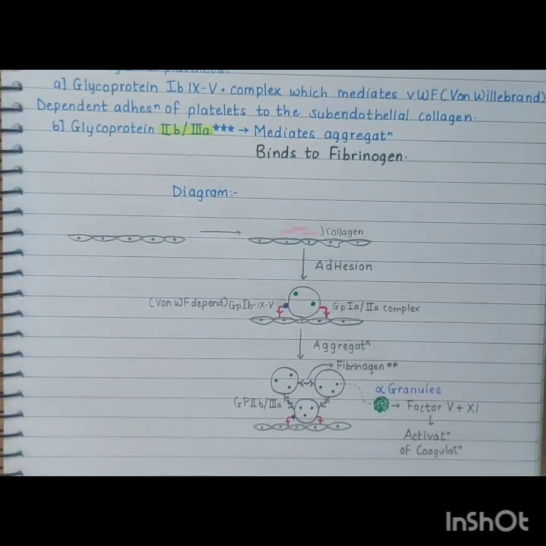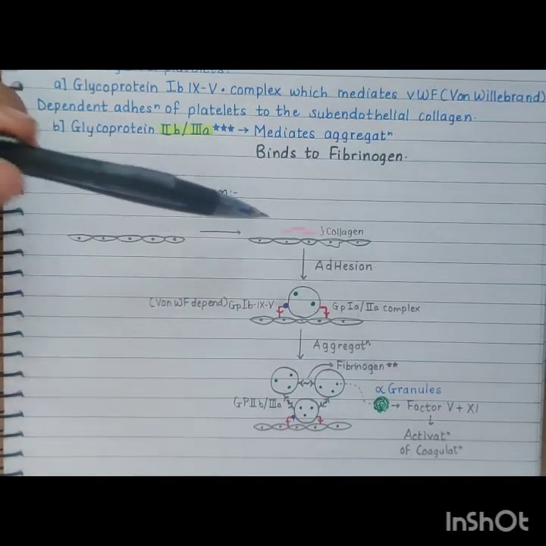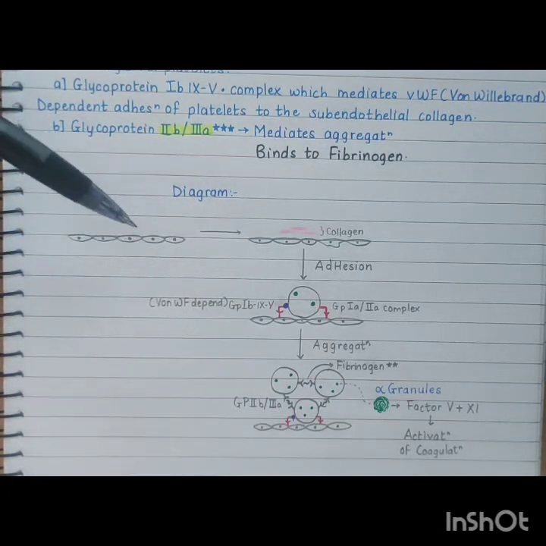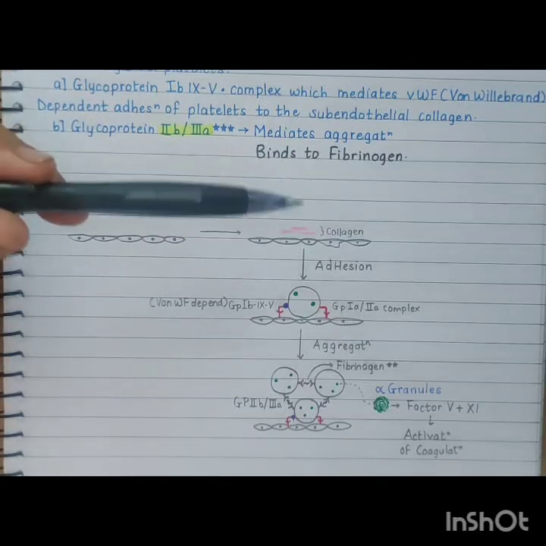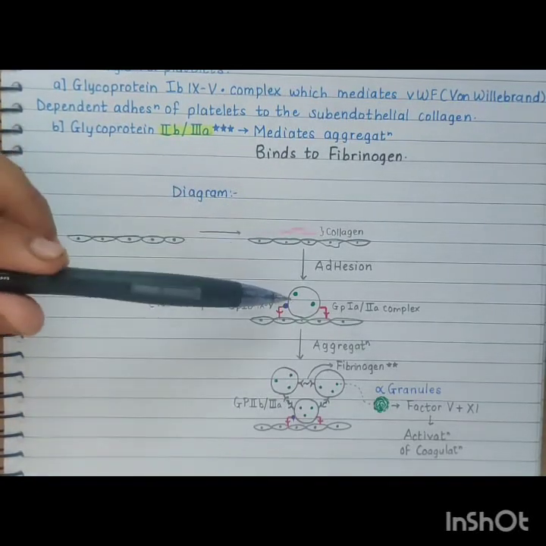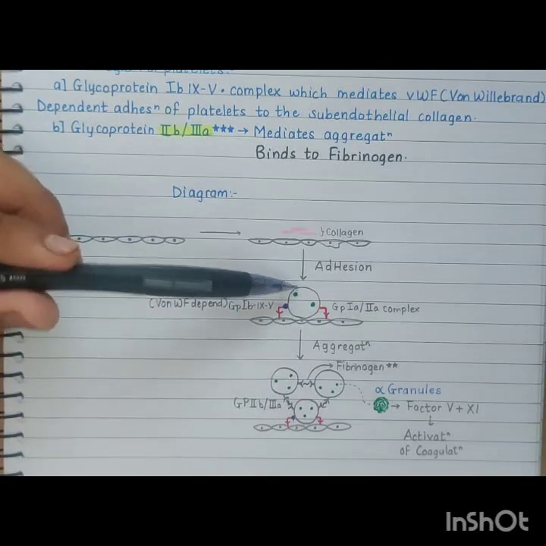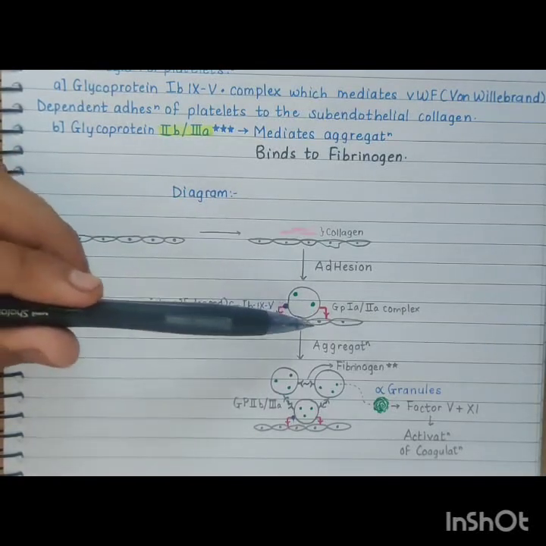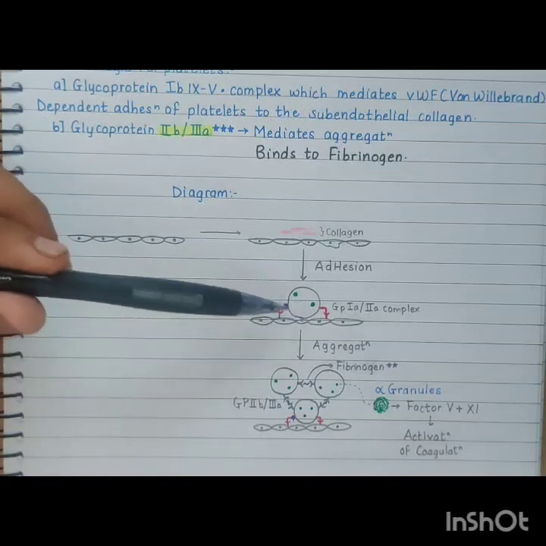So now what we need to understand is any coagulation pathway will actually be initiated because of the release of collagen. So this is a normal endothelium which is damaged, and now collagen is released at the site of injury. Now this will lead to the adhesion of platelets. These are platelets with these alpha granules. These green color are actually alpha granules, which we will come on to later.